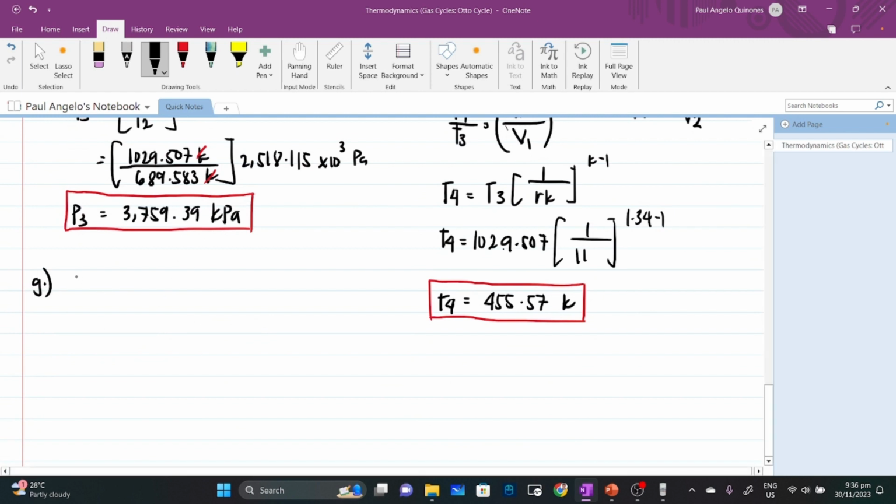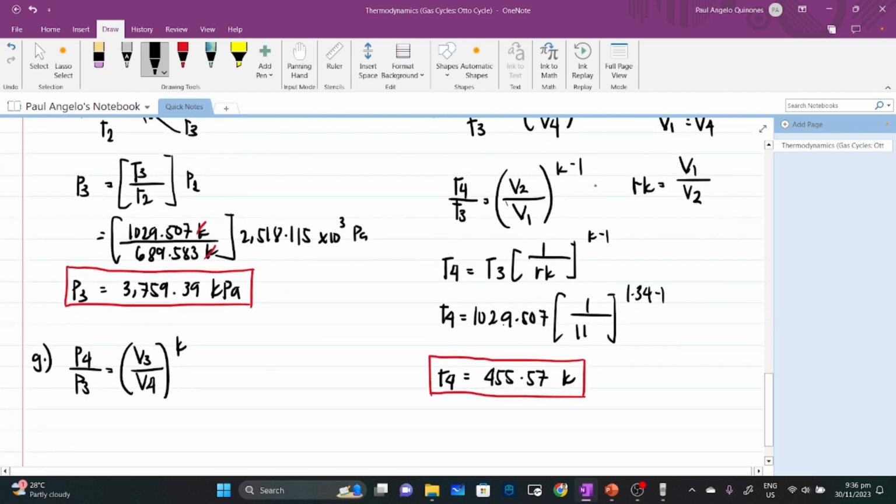Locate your pressure 4, which is also an isentropic relation, which is P4 over P3 equal to V3 over V4 raised to K. So for P sub 4, we've said V3 is equal to V2 and V1 is equal to V4. Okay?